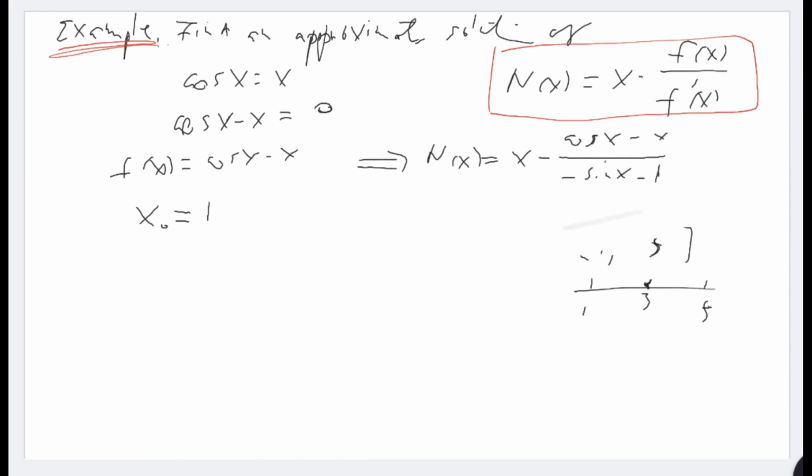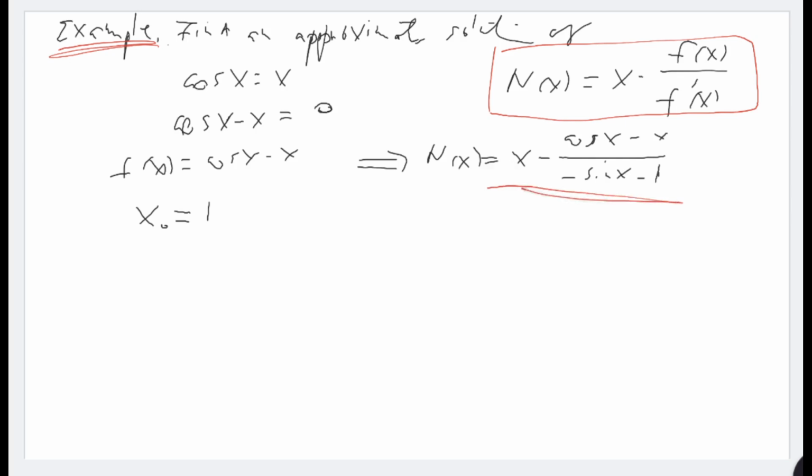In this case here, we're just going to pick 1 to try it out. So pick 1. What do we do? Plug in 1 for x in the Newton's function.